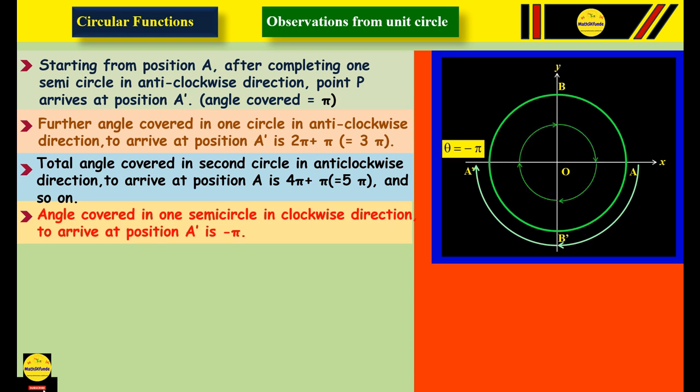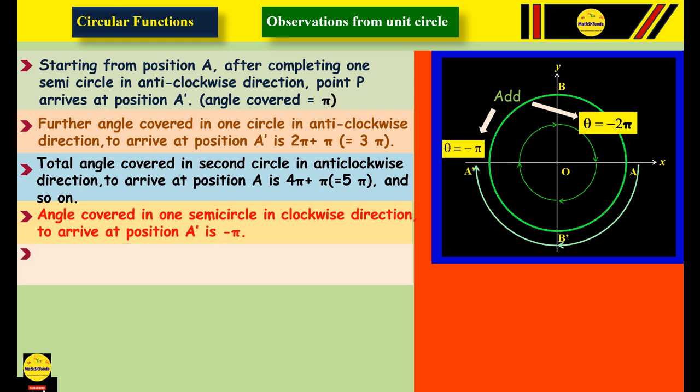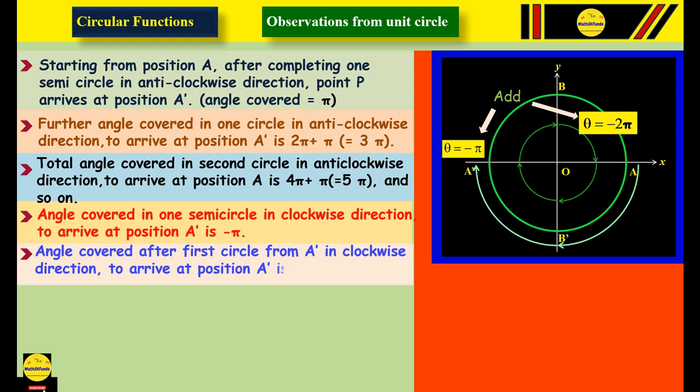If you allow point P to continue its journey in clockwise direction further, then minus 2 pi angle will have to be added to the initial minus pi. What is that initial minus pi? That was corresponding to that semicircle. So minus 2 pi minus pi, when you add, you will get the corresponding angle theta is minus 3 pi.